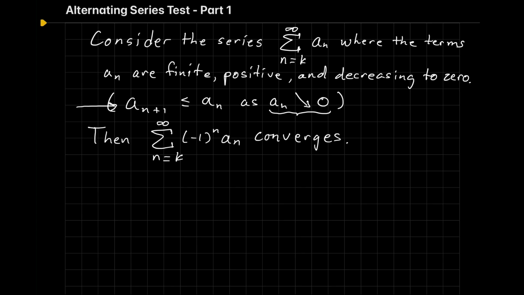So if we have a series like this, and then we take our positive terms and make them alternate, then this new alternating series will converge. And this is called the alternating series test.